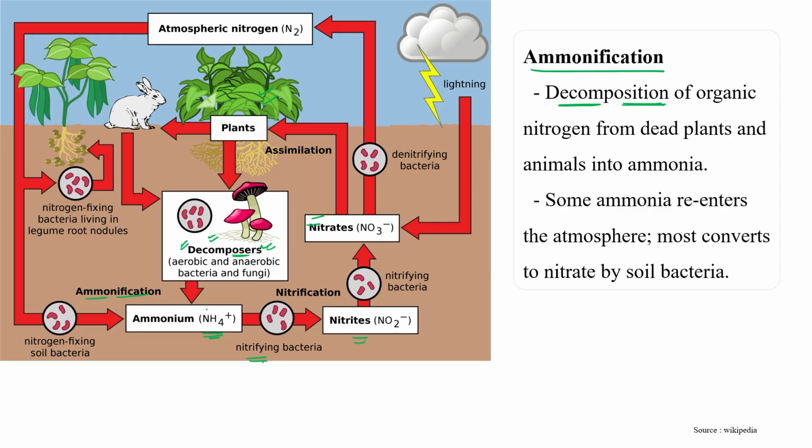So this process is known as ammonification. Further conversion of this ammonium ion into nitrite and nitrate, right, this is known as nitrification, and further this nitrite or nitrate is used up by the plants if these are present in the soil.